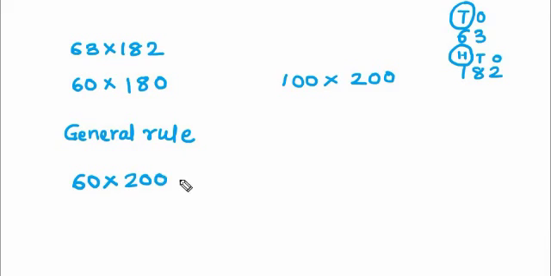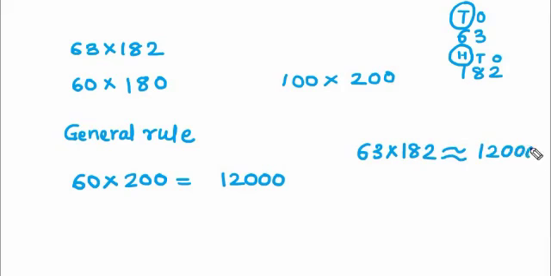And we will estimate, so this will come to 12,000. So 63 multiplied by 182 will be about 12,000. So once again, remember the rule. The general rule says find out what the highest place value is in that number and round off to that highest place value.